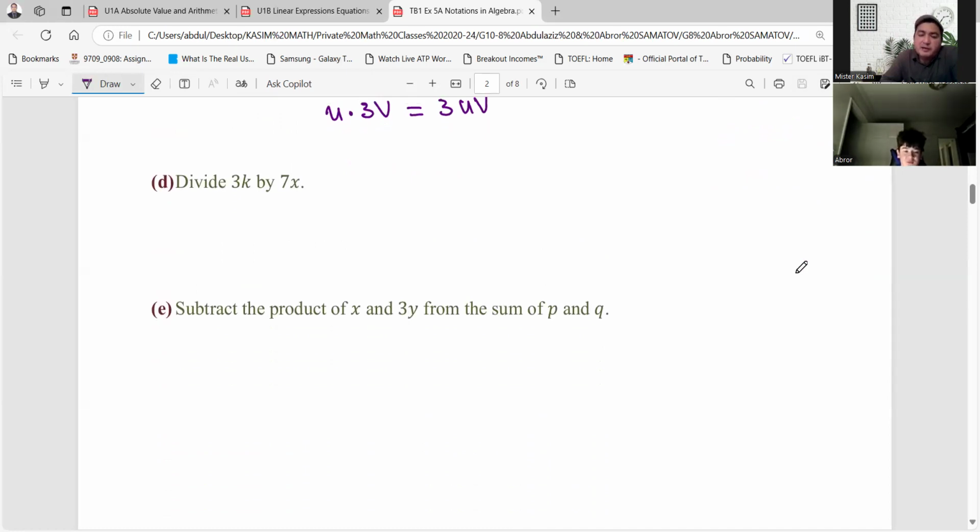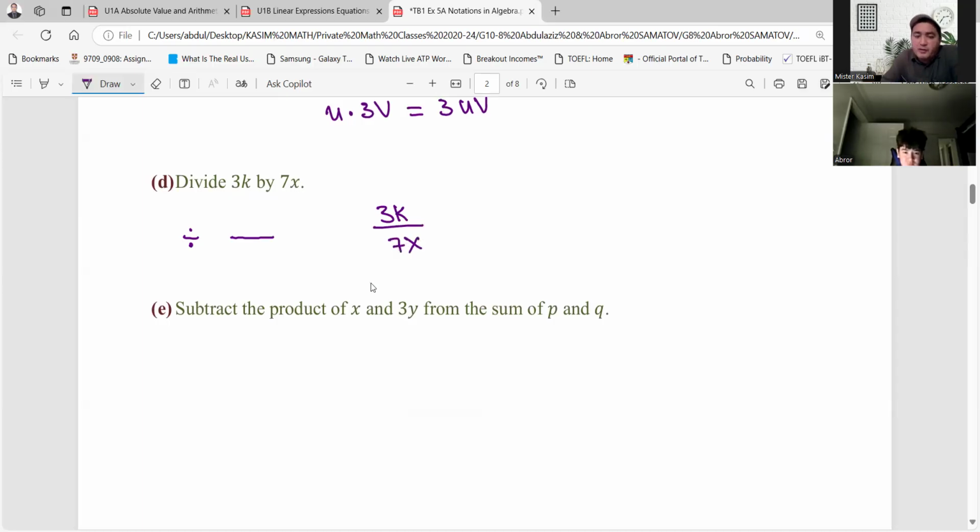Divide 3k by 7x. And from now on, Abror, most of the time, instead of this division, I'm going to use the fraction line. The fraction line and division are equivalent operations in math. So I'm dividing 3k by 7x.